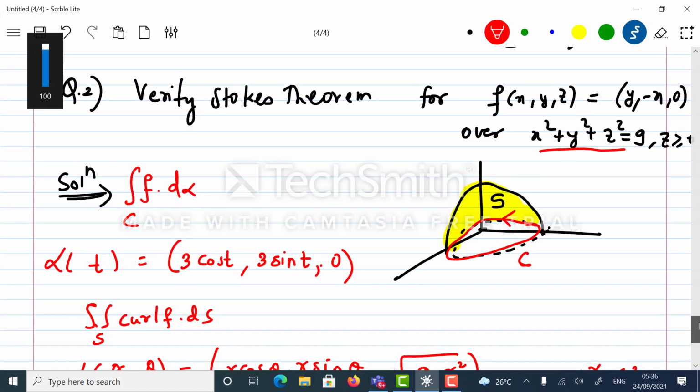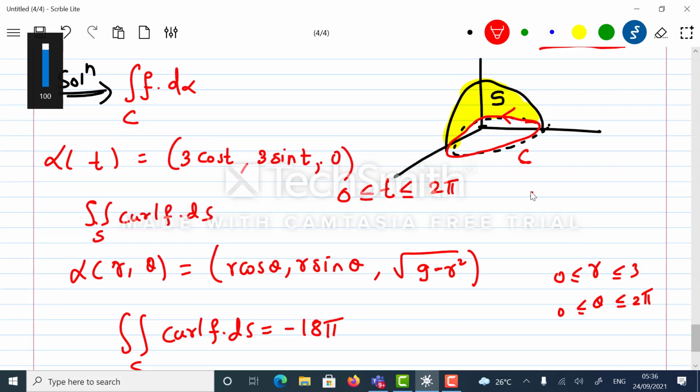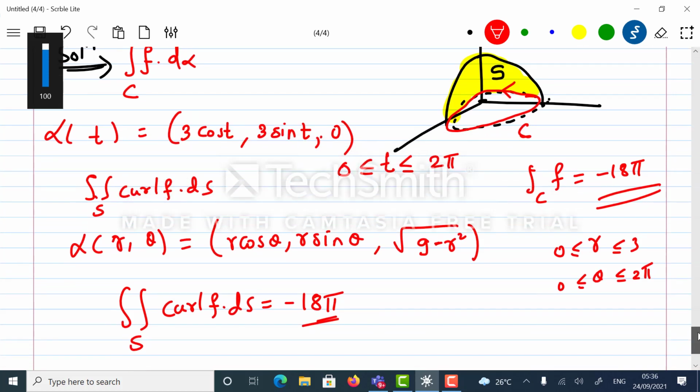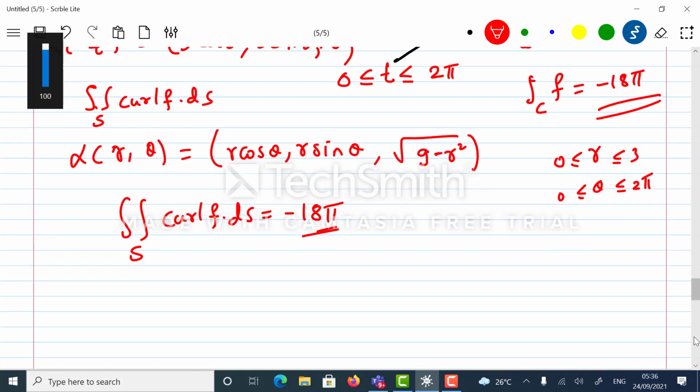And in the previous one, I forgot to tell you what t is. t is basically your full circle, so it will be 0 to 2 pi. This line integral will also give you the value minus 18 pi. So if both answers you get are minus 18 pi, this would imply that Stokes theorem is verified.